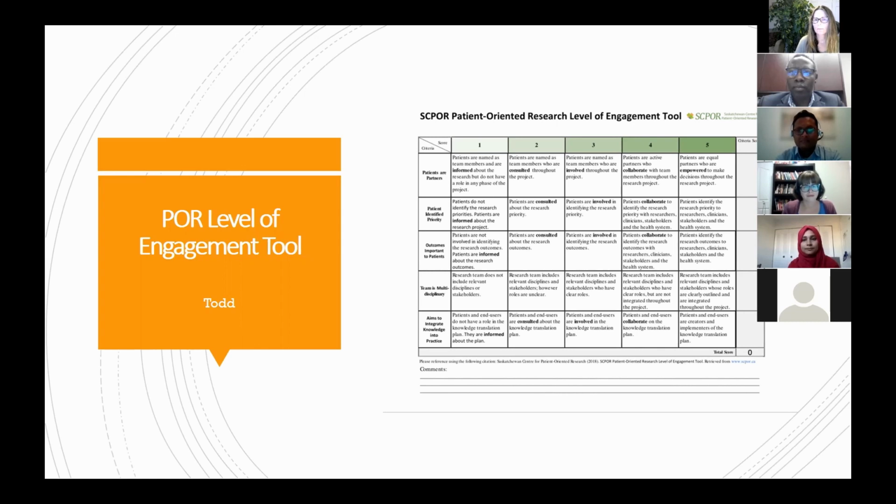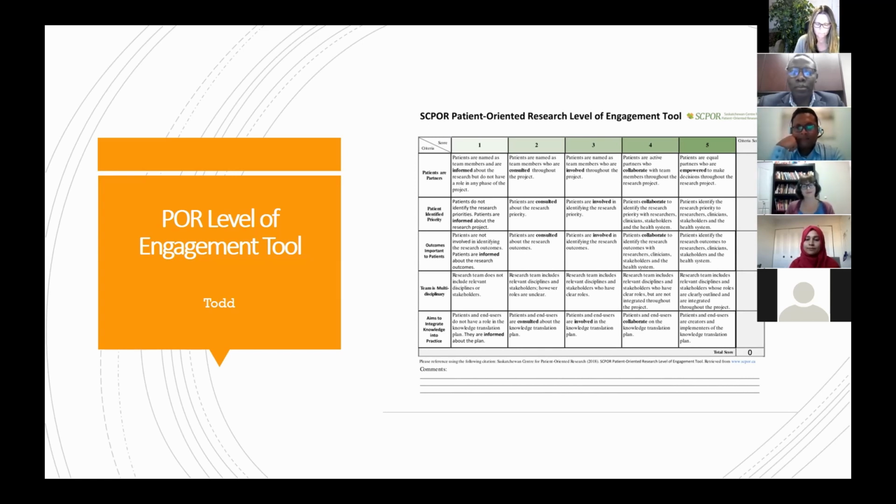The criteria, as you can see on the screen, are number 1, patients and partners, 2, patient-identified priorities, 3, outcomes important to patients, 4, team is multidisciplinary, and 5, aims to integrate knowledge into practice.